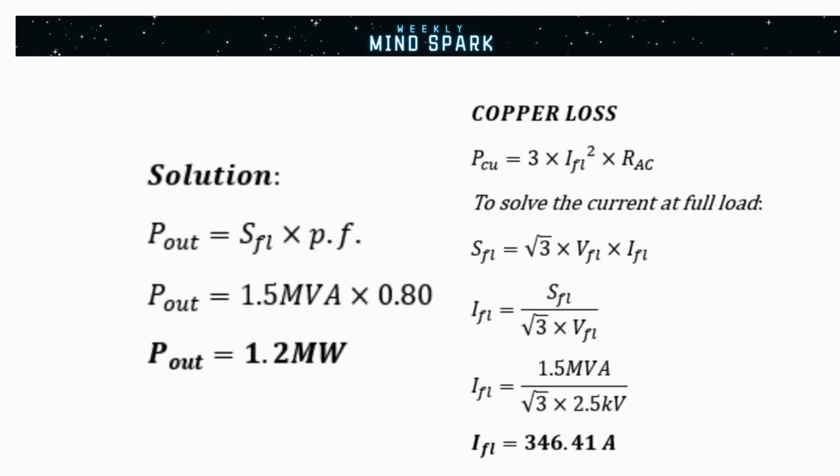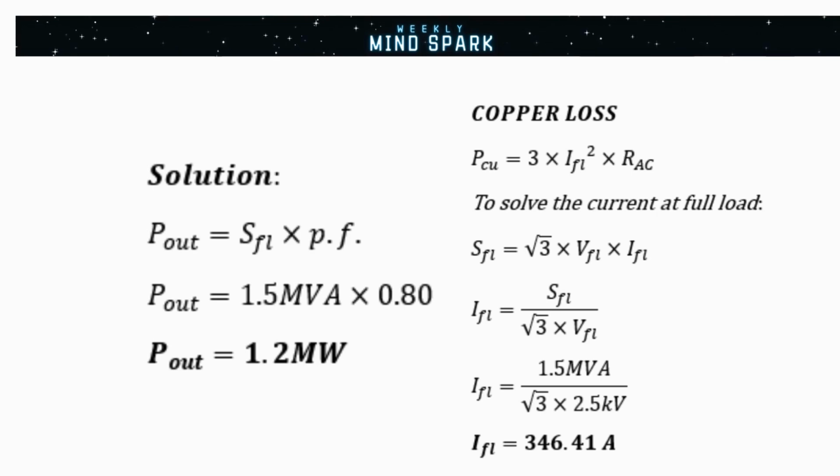Next is the copper loss calculation. We have this equation: PCU is equal to 3 times IFL squared times RAC, where IFL is the full load current of the alternator and RAC is the effective armature resistance. Solving for full load current, IFL, is found using the formula for apparent power in a three-phase system, since we're in a three-phase system.